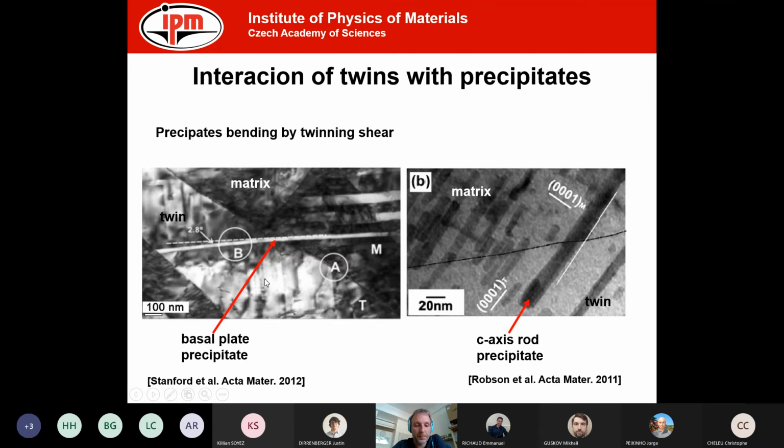Here you have the basal plate that is bent in the twin. So here you have a twin, and you can see that the precipitate is bent, which creates the stress that acts upon the twin. And the same goes for the C-axis rod that is again bent inside the twin that is here.